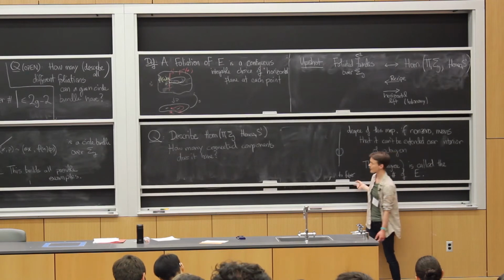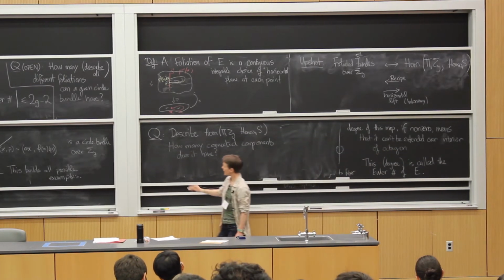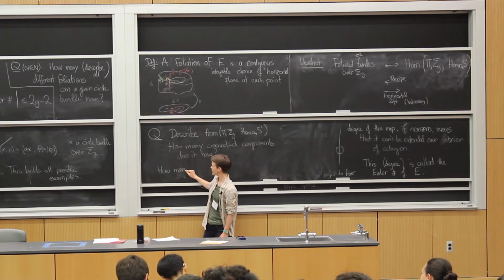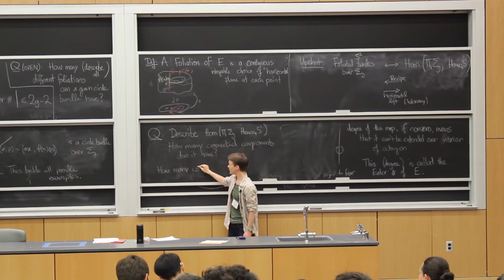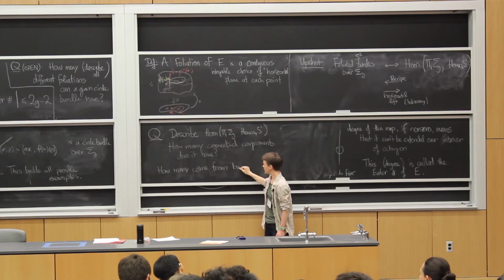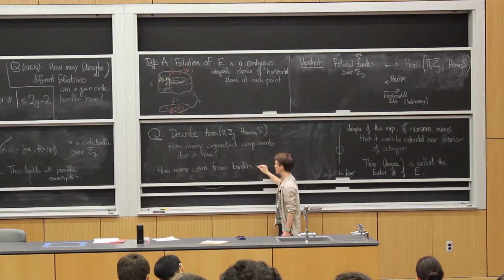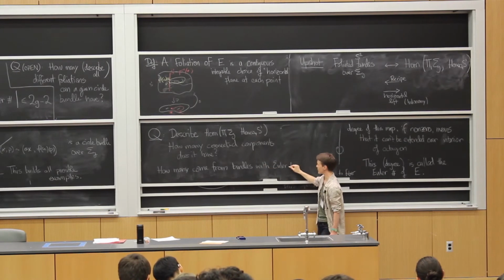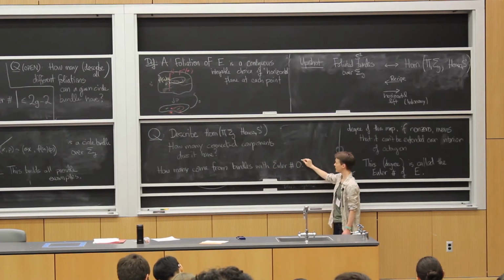Okay. How about how many come from bundles with Euler number 0?